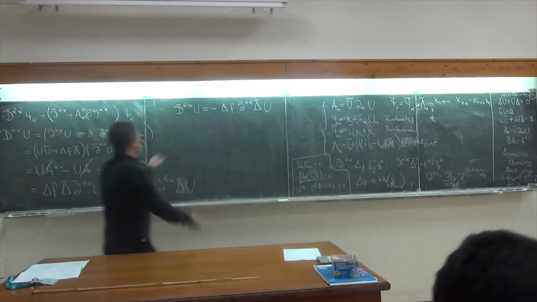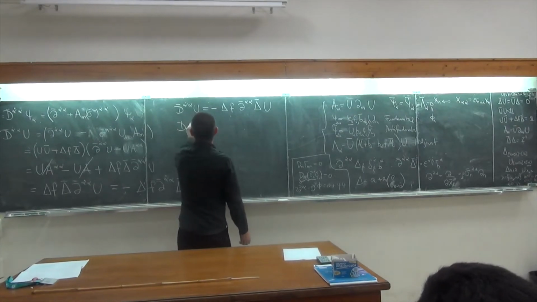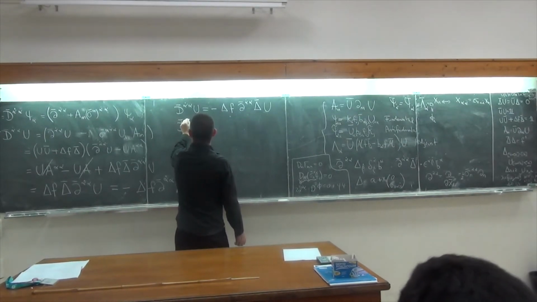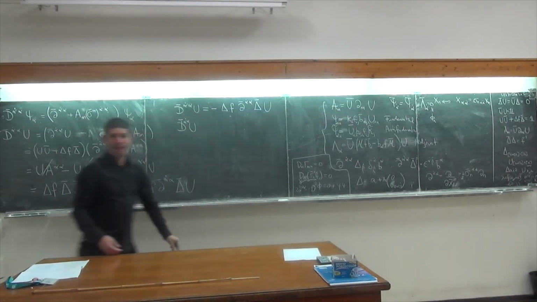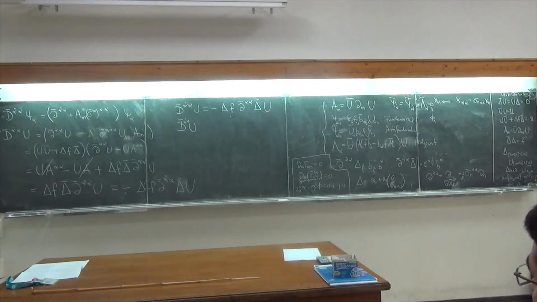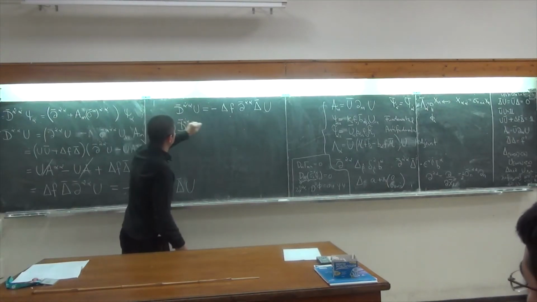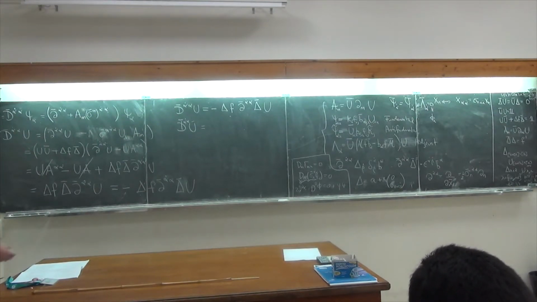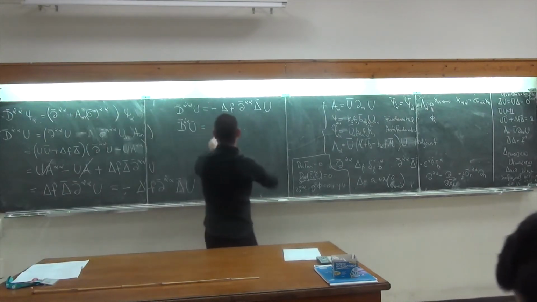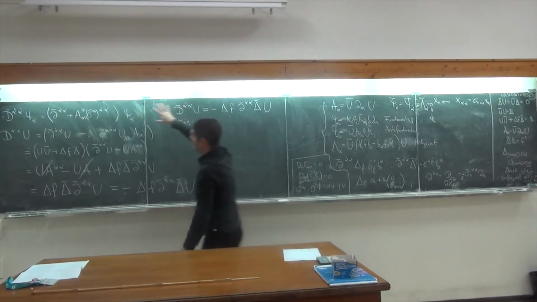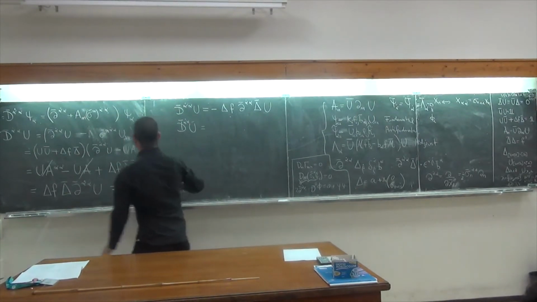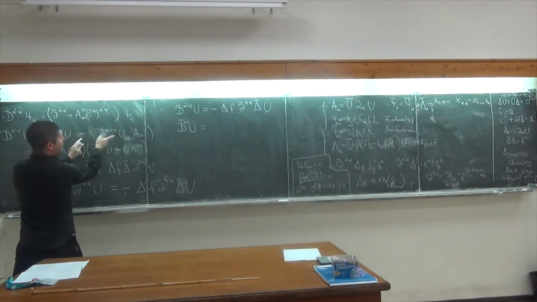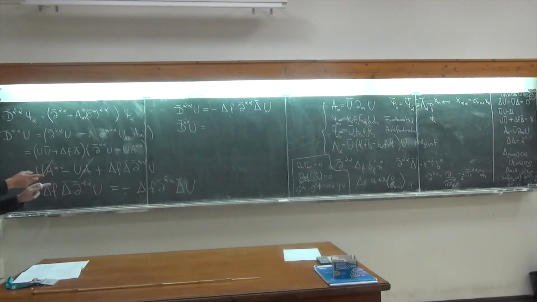Now you can do the same thing for D of U bar. And what you find is, of course, all these steps you can apply in the same way. The only difference will be that now A will come from this side and with a plus sign here.